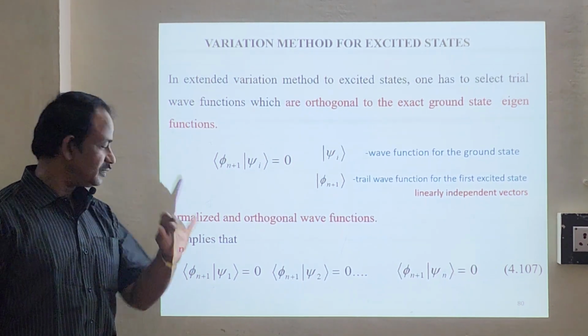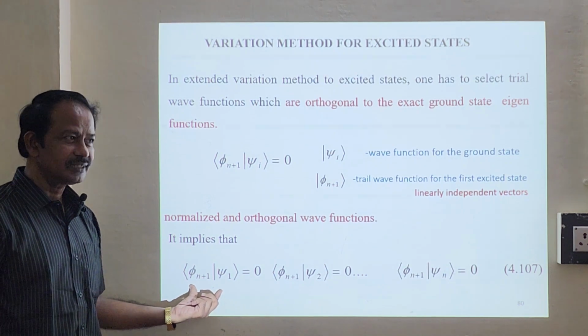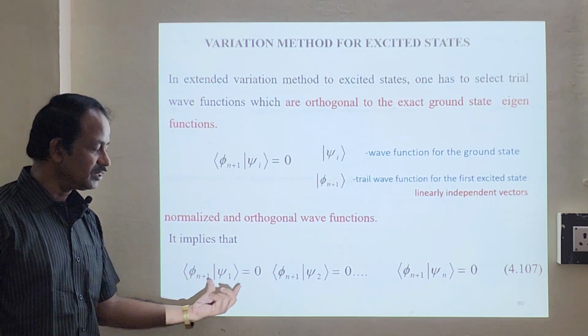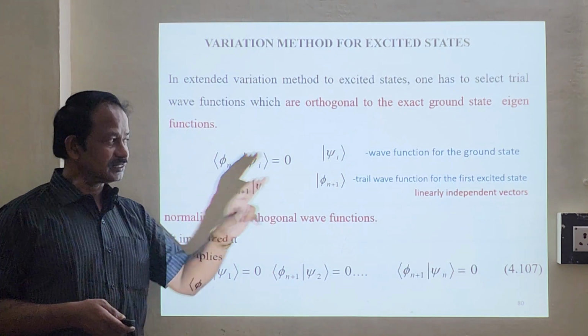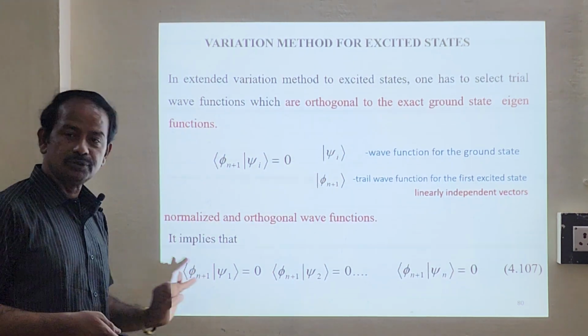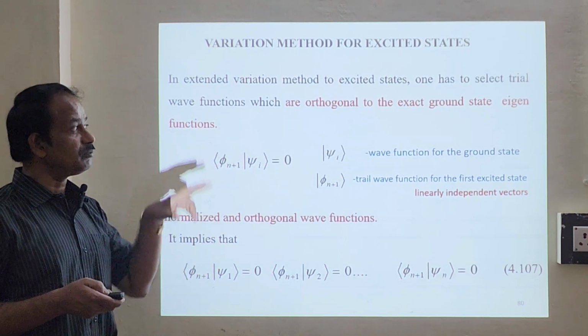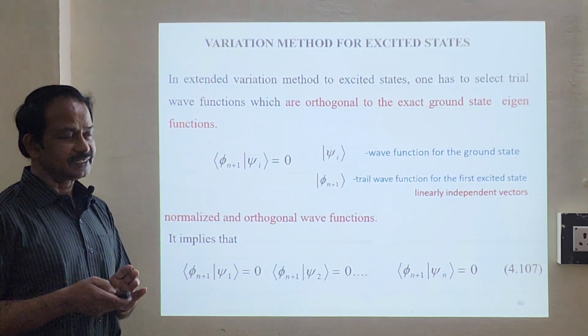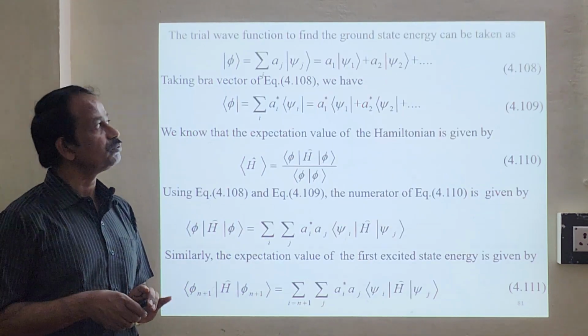The second one is the inner product, or scalar product, which is equal to 0, the orthogonal condition. So these two conditions, linearly independent and orthogonal to each other, should be satisfied for the first excited state and for any other excited states. Now we are going to prove this.